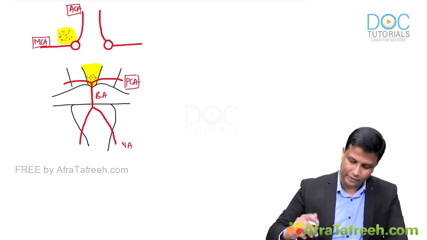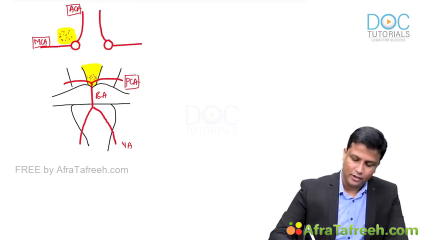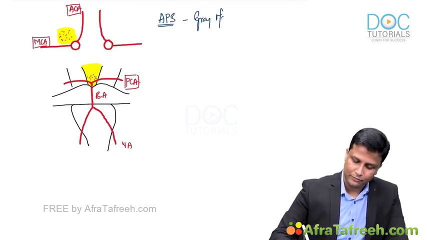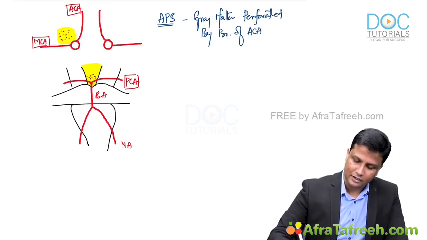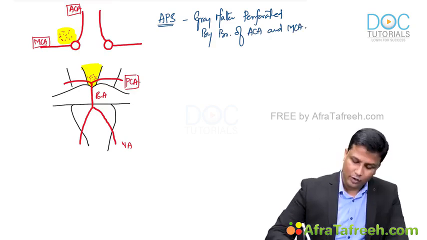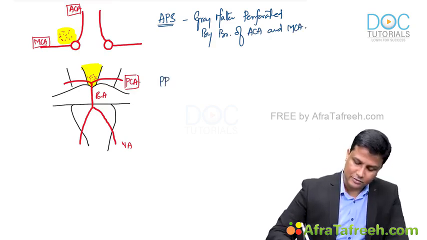So better we'll write down here, just in short, what is anterior perforated substance? It's nothing but grey matter perforated by, yes, the branches of anterior cerebral artery and middle cerebral artery. Done. Then what about the posterior perforated substance?